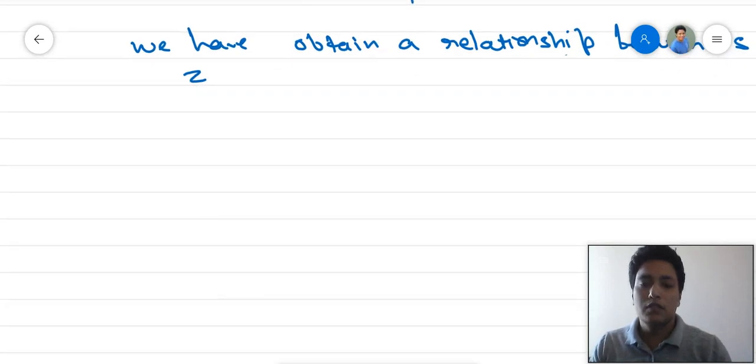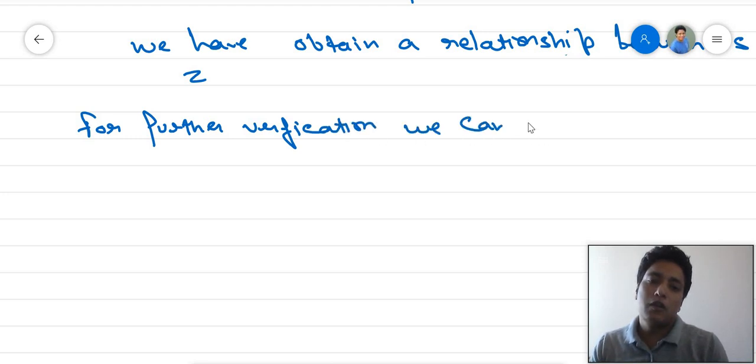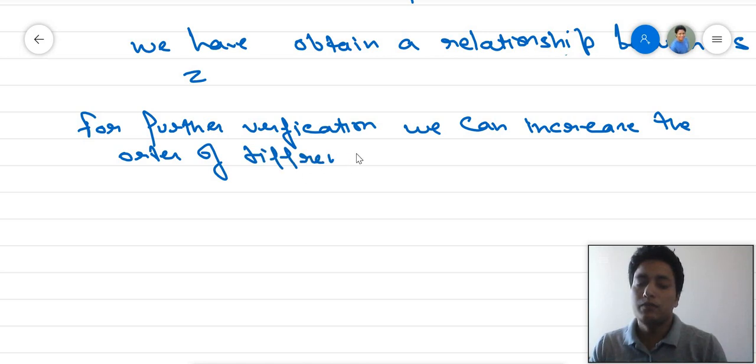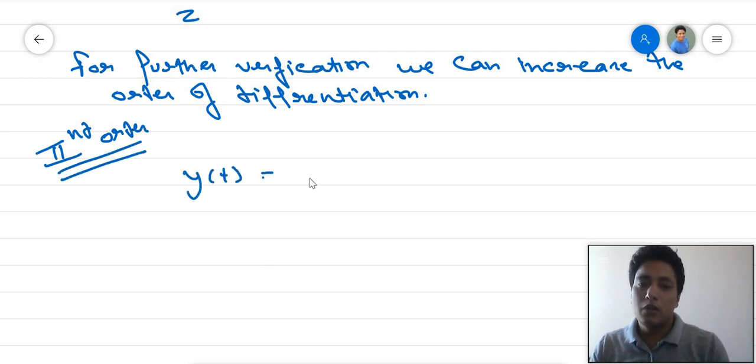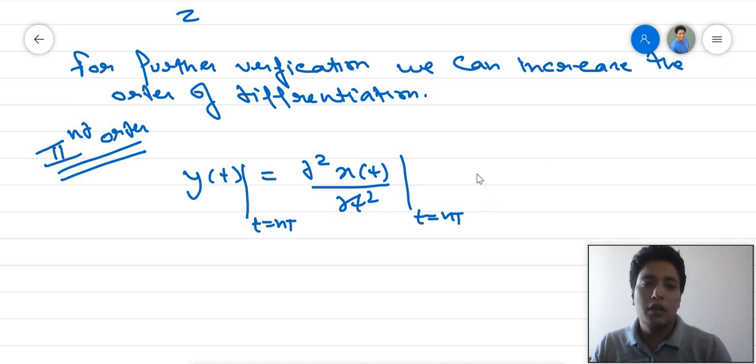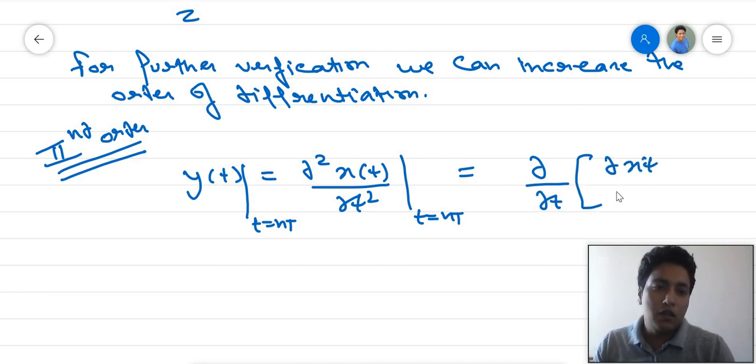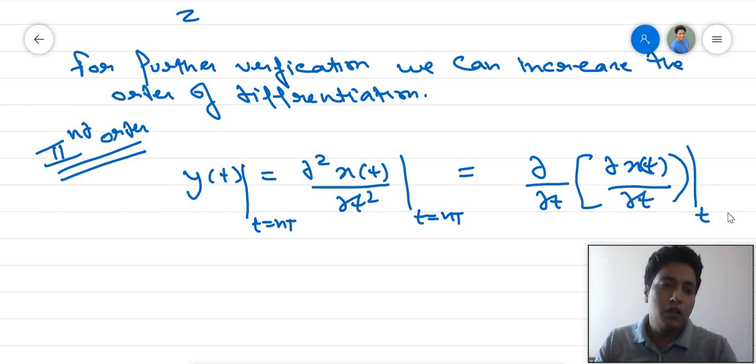To verify this particular case, for further verification we can increase the order of differentiation, and that will give, for second order, y(t) equal to del square x(t) by dt square, and at t equal to nT it can be written as del by del t of del x(t) by del t at t equal to nT.